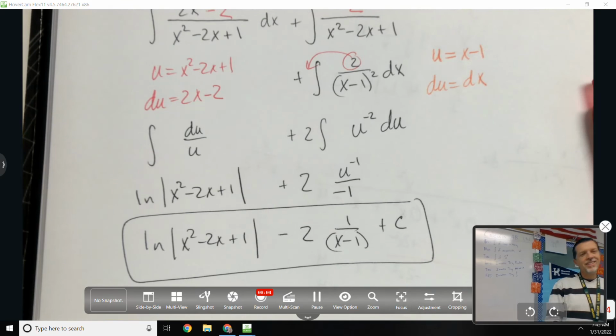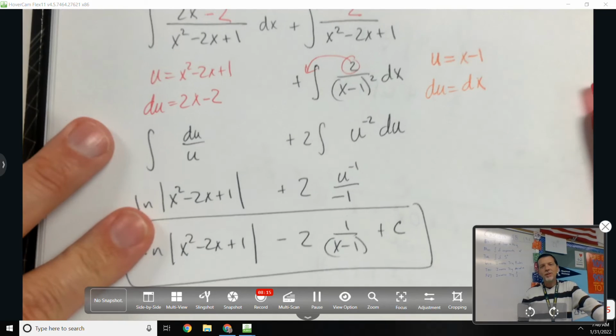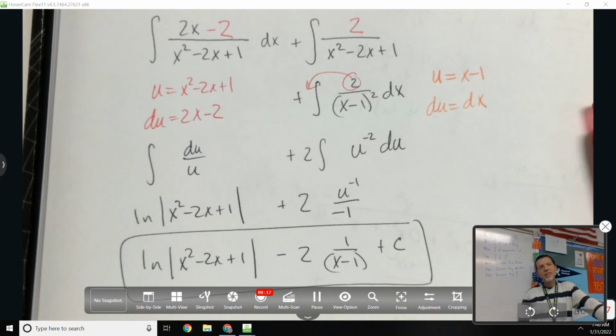I don't want to say not fair, but how do you know if you haven't done that problem before? We hadn't done a plus 2 minus 2 situation. We've done a times 2 and a times 1/2. That's an easier thing to handle.